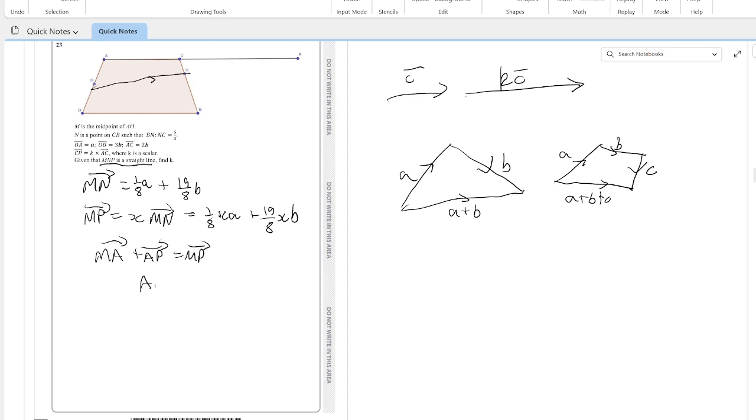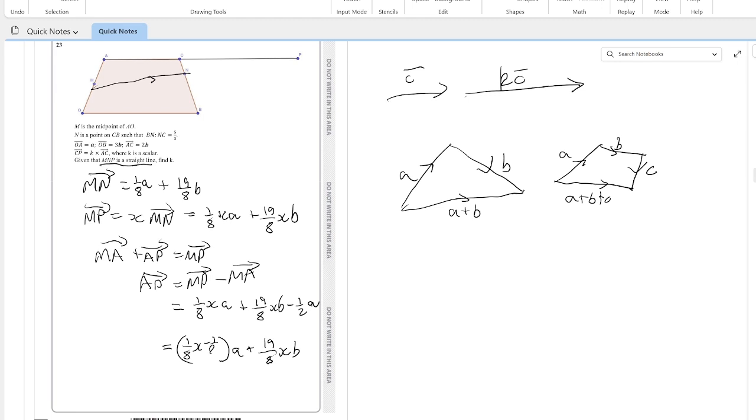So AP equals MP minus MA. MA is just half of a. So this is equal to x/8 a plus 19x/8 b minus half a. And this is equal to (x/8 minus a half) a plus 19x/8 b.